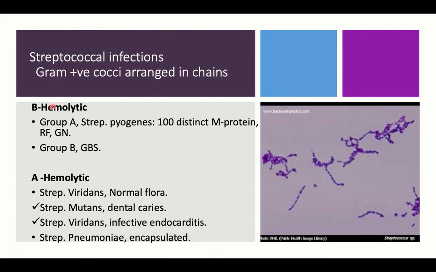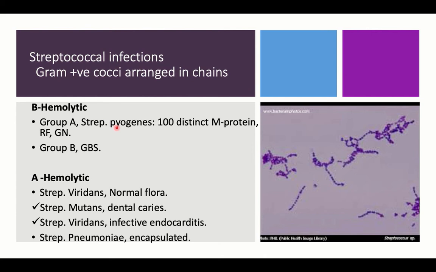Streptococci can be beta hemolytic or alpha hemolytic. Beta hemolytic includes group A beta hemolytic, or GAS, or Streptococcus pyogenes, very, very important, having 100 distinct M proteins on their cell wall, resulting in rheumatic fever and glomerulonephritis by cross antigenicity of this M protein with self-antigens, producing an autoimmune response.